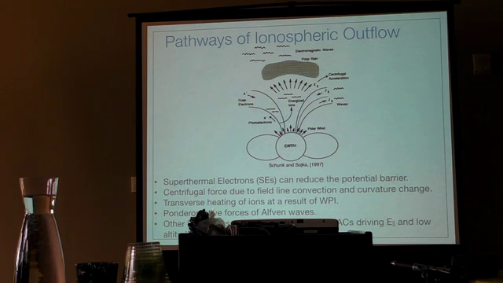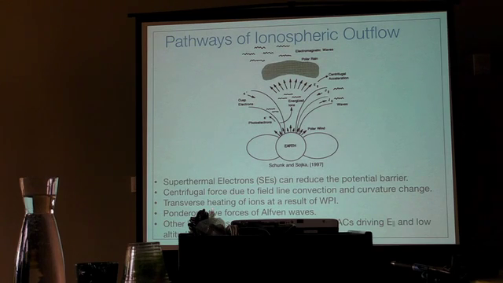There's centrifugal force due to field line convection and curvature change. This is more important at high altitudes, and I think there are some studies showing that it's a 10 or 20% effect. Then there's transverse heating of ions as a result of wave-particle interactions. This is a very important process for generating conics.